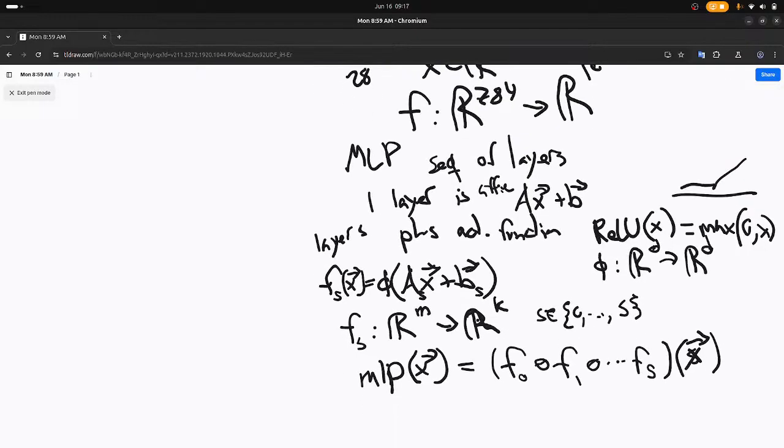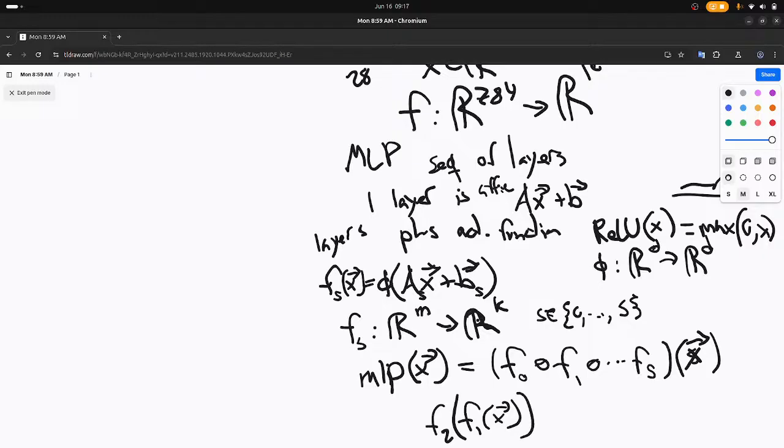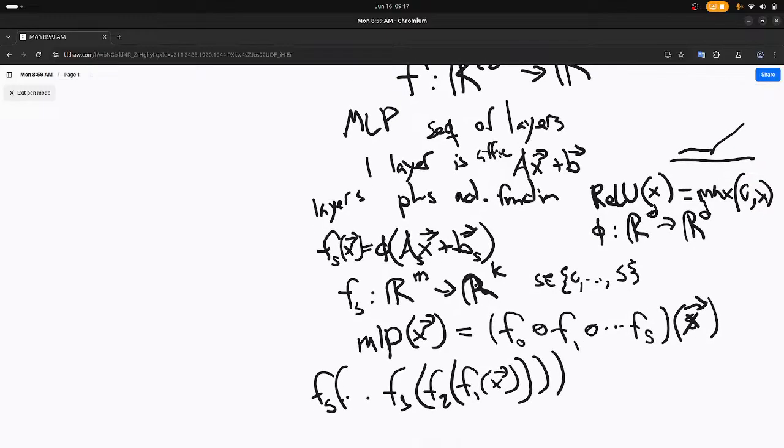By this I mean I apply the first layer on the vector, then I apply the second layer, then I apply the third layer, and the fourth all the way up to f of S. And it gives me some output vector. And in the last layer, I do not want this phi, so I could also think that there is an output matrix here.